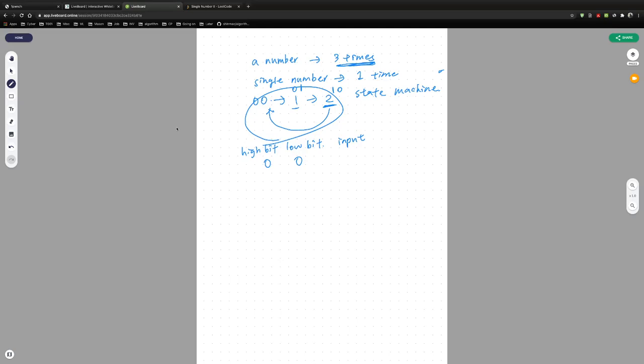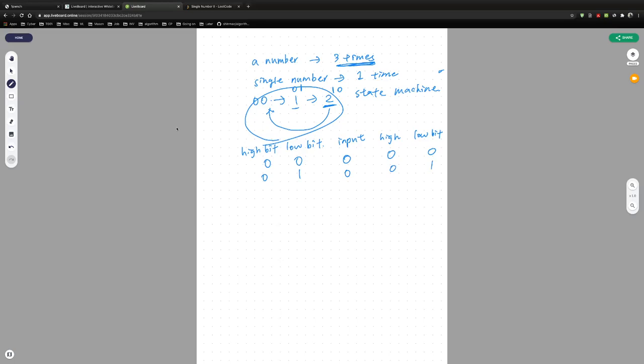So if the input is 0, the high bit and low bit will still be 0 0. For the second state, if the input is still 0, it will still be 0 1.